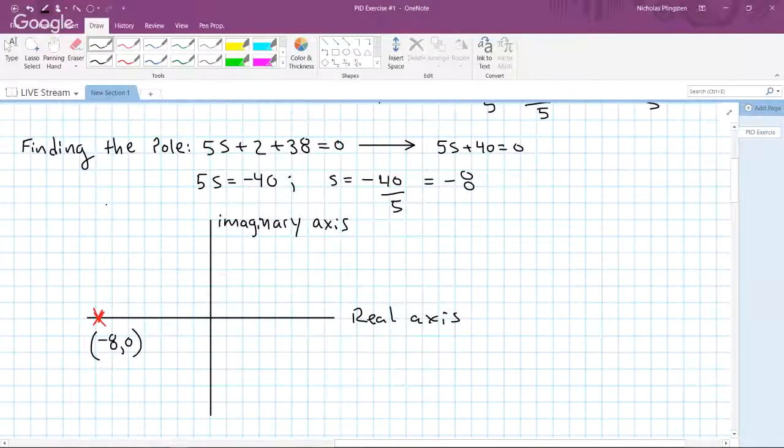So it's stable. This side of the plane is stable, and this side is unstable. And that's the real part of the pole.